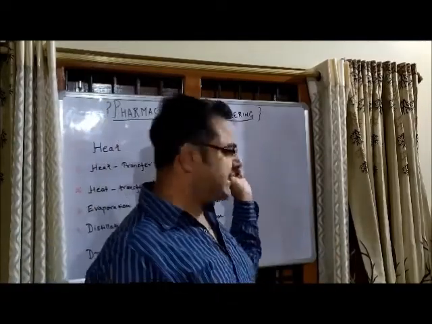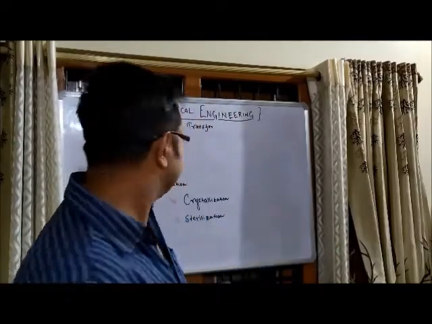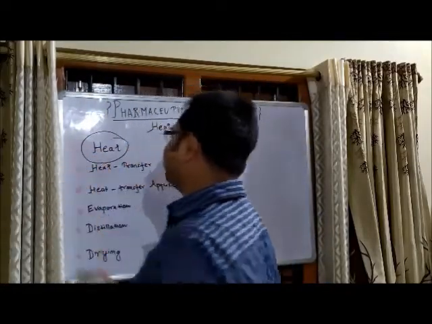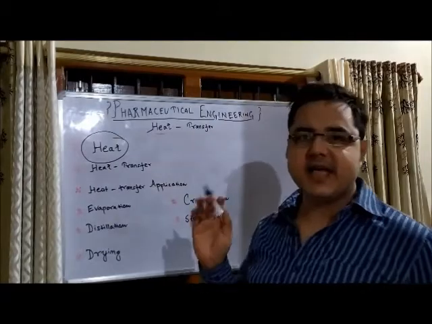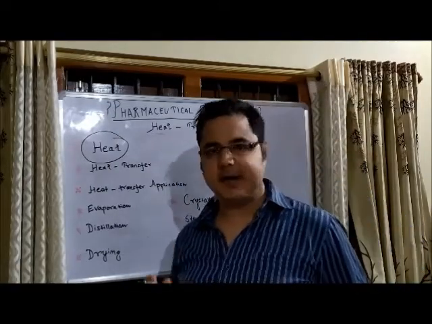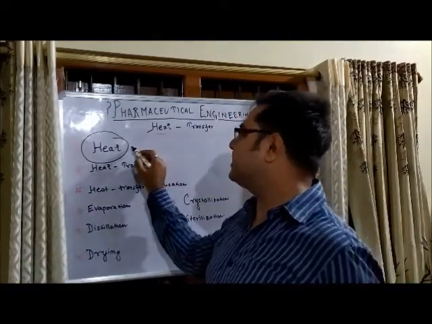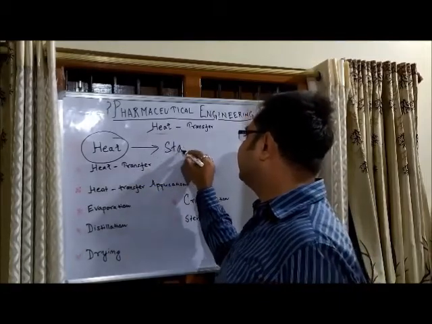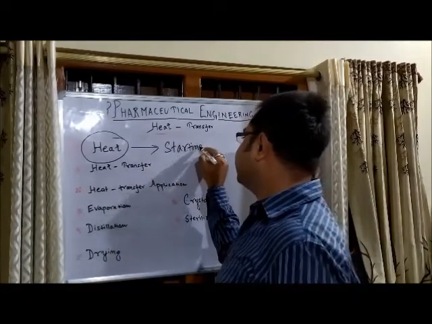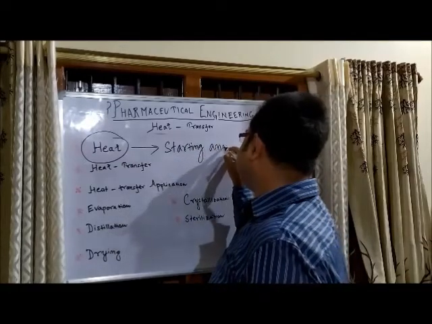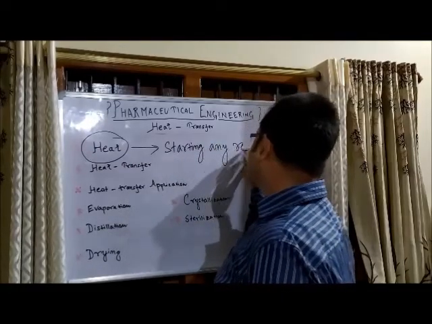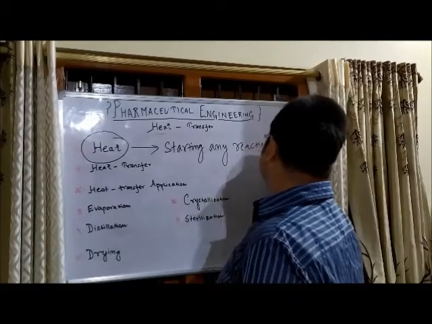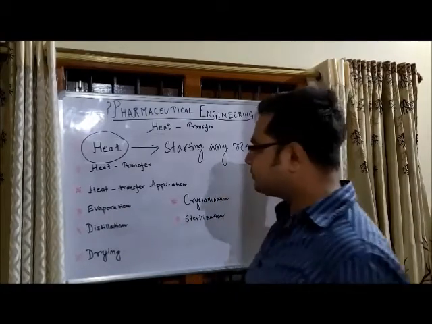So basically in this unit, heat transfer, first of all we need to know what heat is. We have already discussed that heat is a form of energy, right? Now this form of energy can be used for initiating or starting any reaction or process, right?